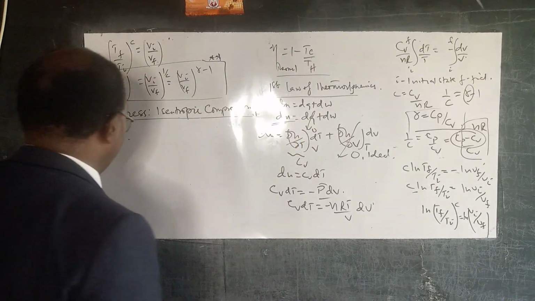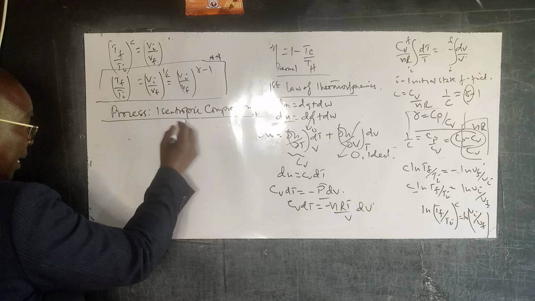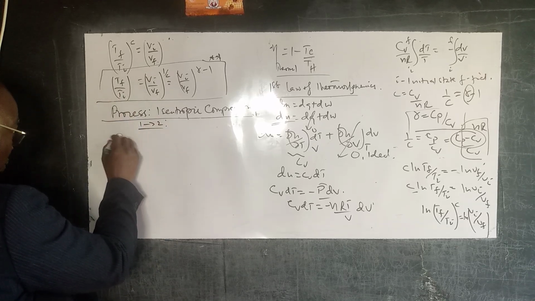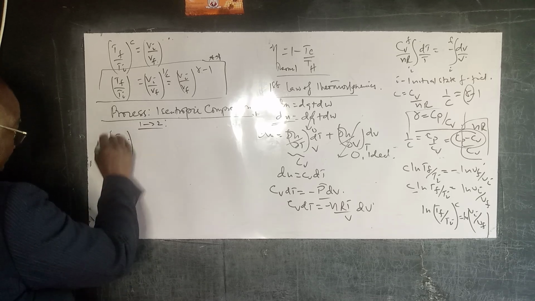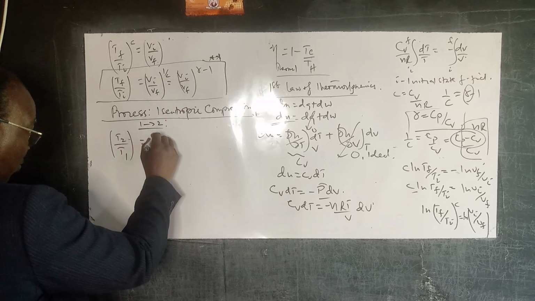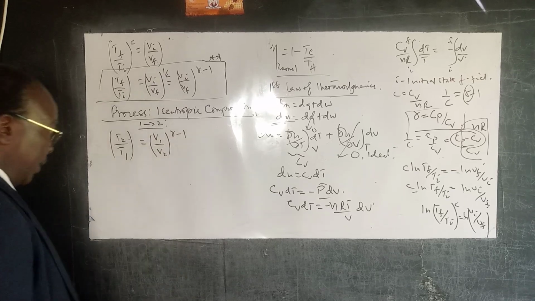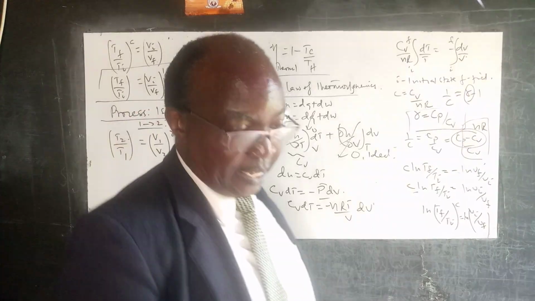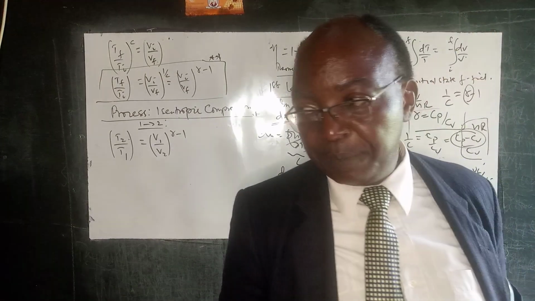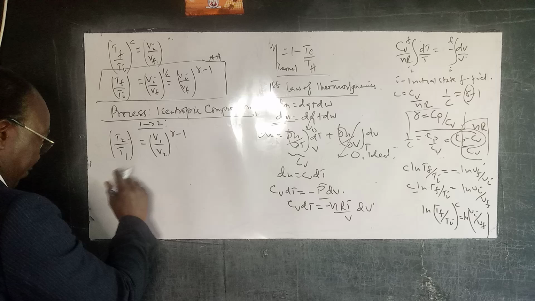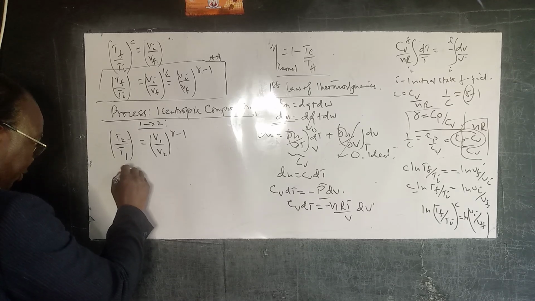So for that step 1 to 2, we have T2 over T1 given by V1 over V2 to the gamma minus 1. So we are getting there. Already we are seeing the volume relationship at that particular point, and this V1 over V2 is the compression ratio.